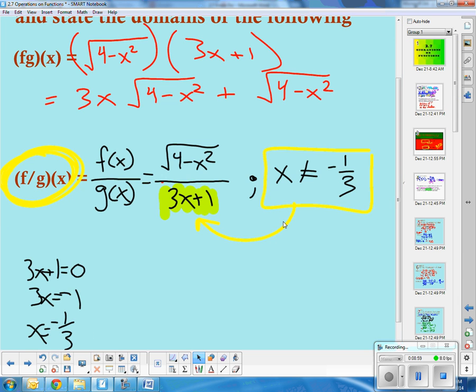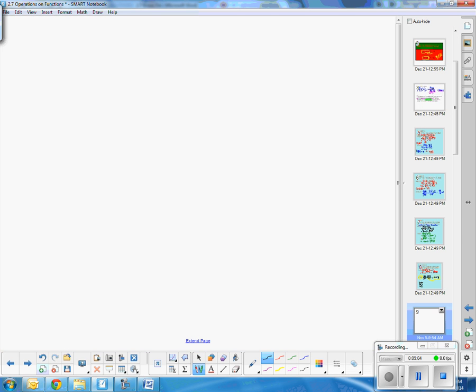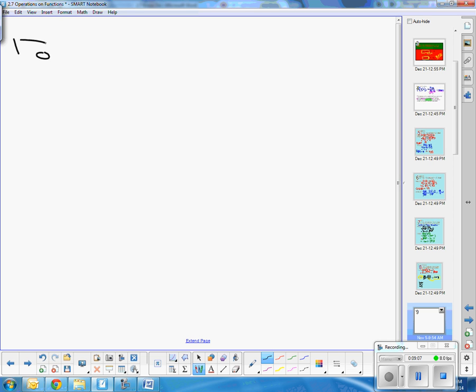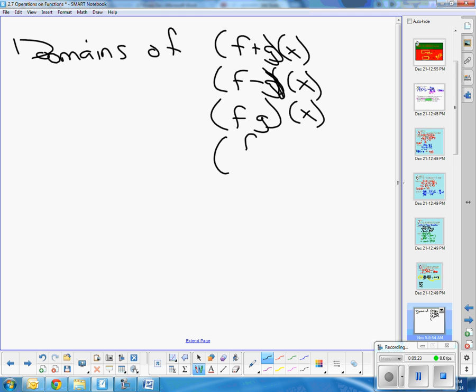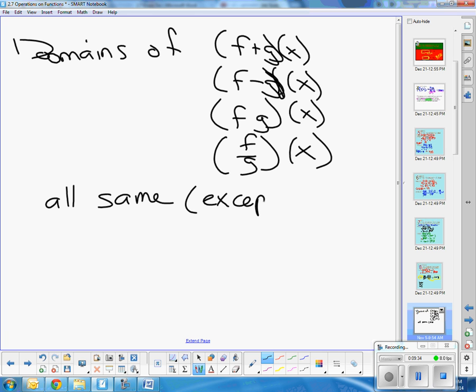Okay, we haven't found the domains yet. What is nice is that I don't have to find the domain 4 times, because the domains of f plus g of x, f minus g of x, f times g of x, and for the most part, f divided by g of x, are generally all the same, except for division, where we have to watch out for that 0 in the denominator.